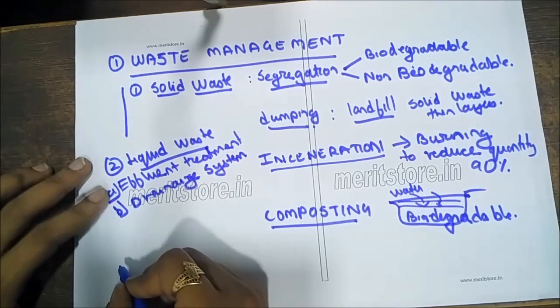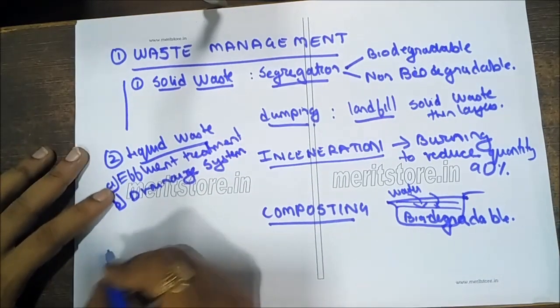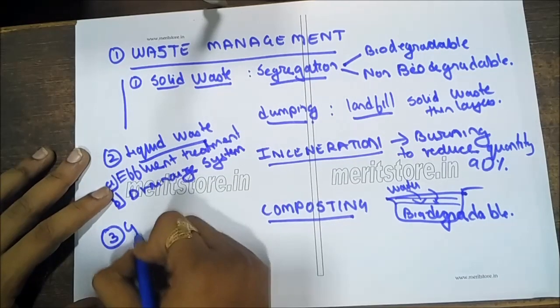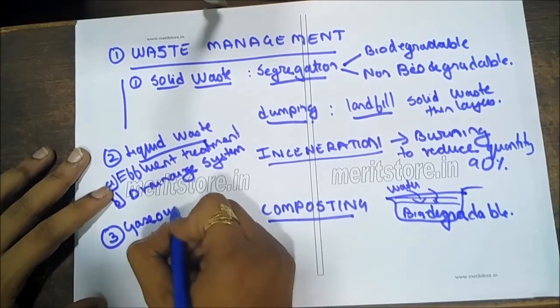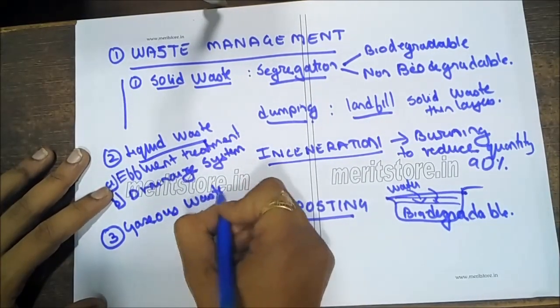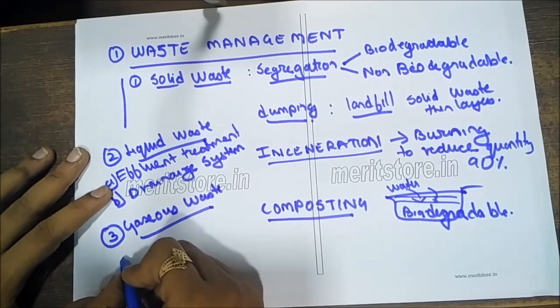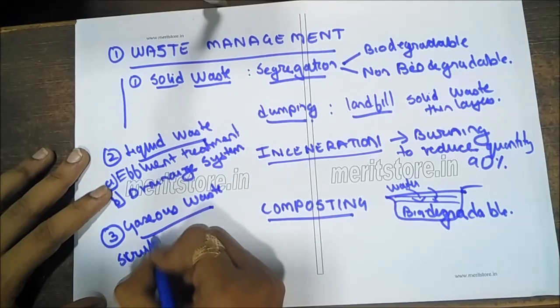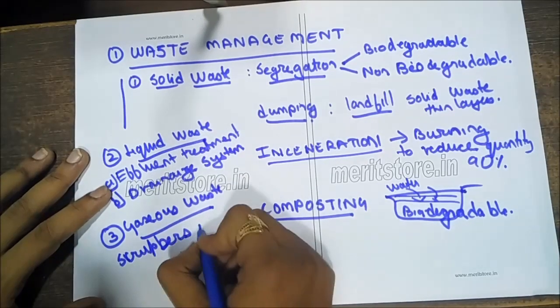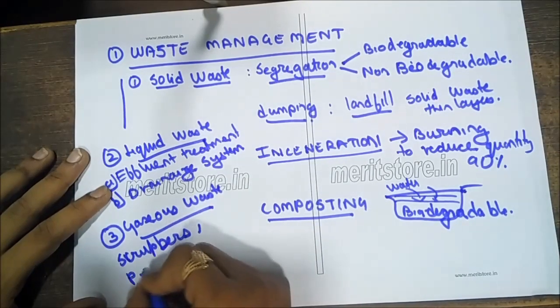So this is how you can treat your liquid waste. And the third type of waste, which is gaseous waste, can be trapped by using scrubbers and precipitators.